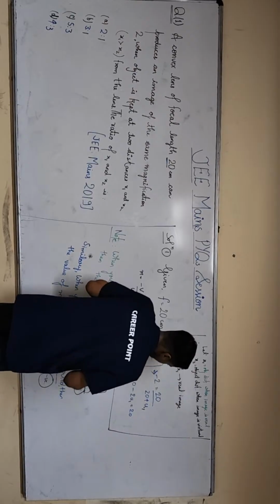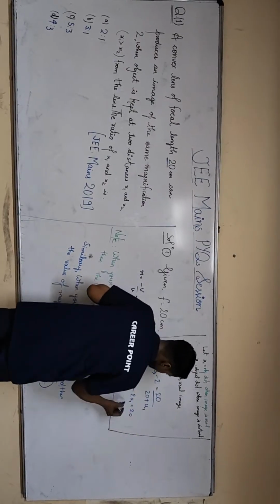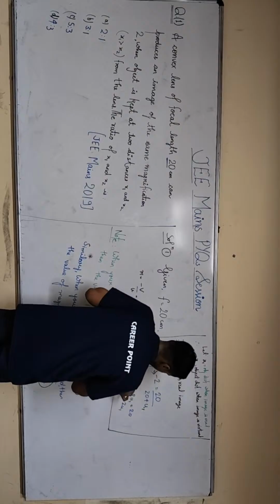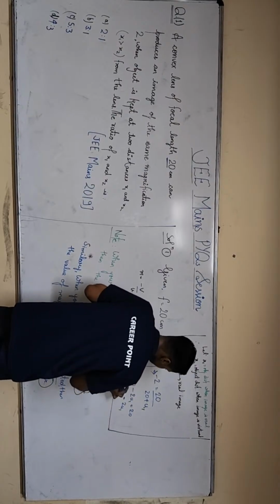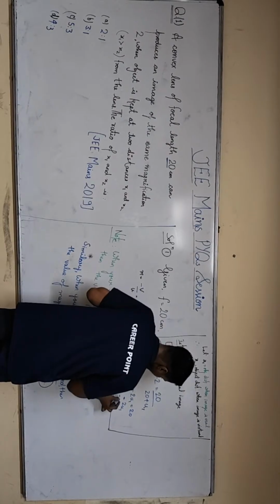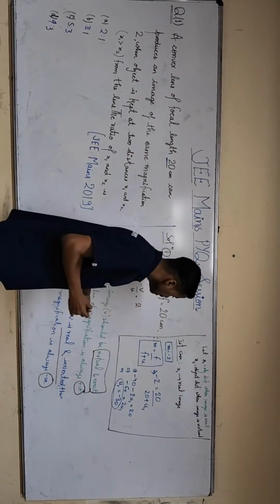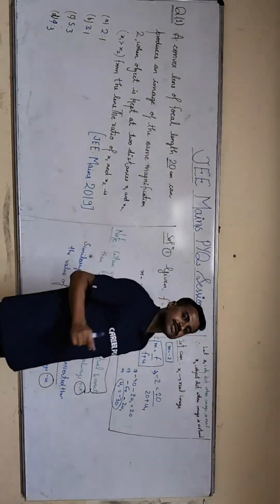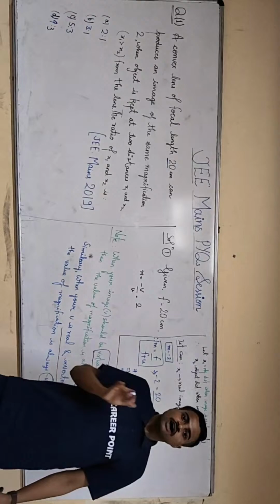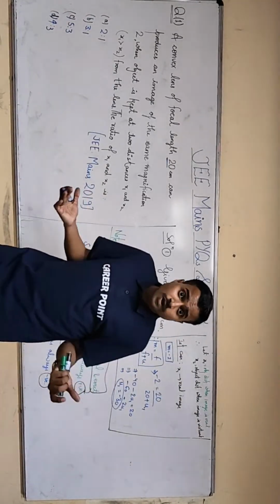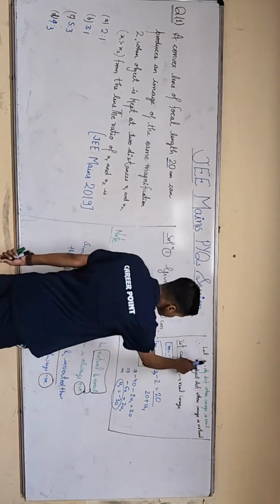So the 2 goes here, it becomes +, minus 40 minus 20 becomes -60. The value of u1 becomes -30. I hope this is clear to you. So u1 is nothing but the object distance when your image is virtual.